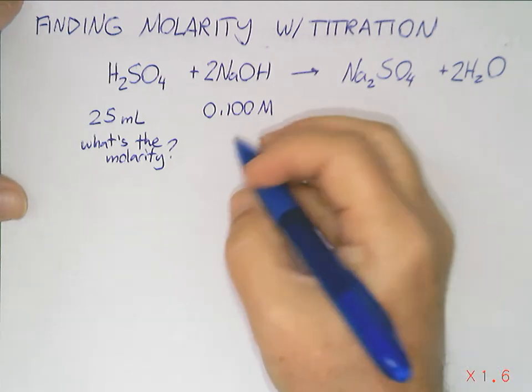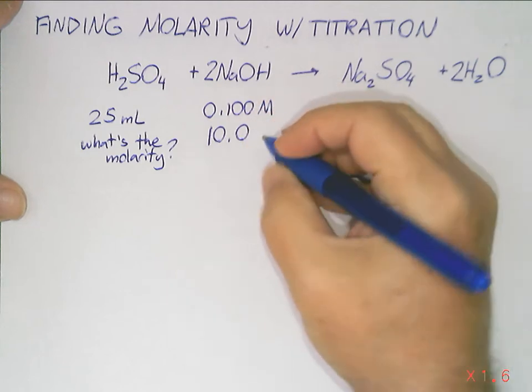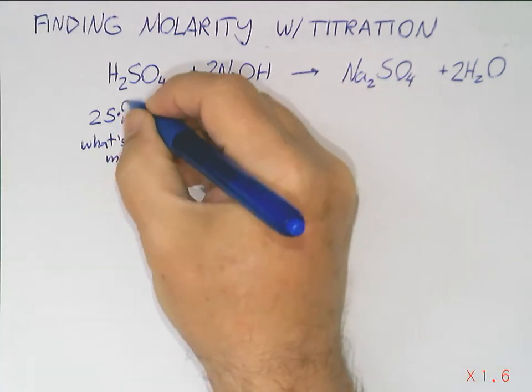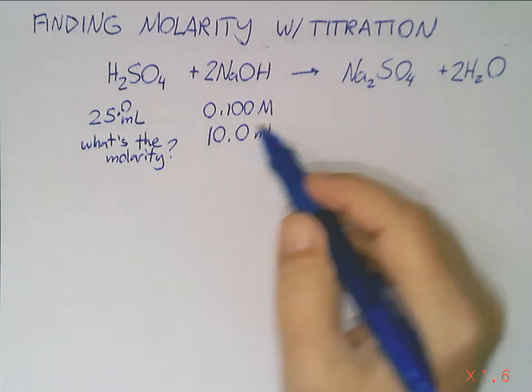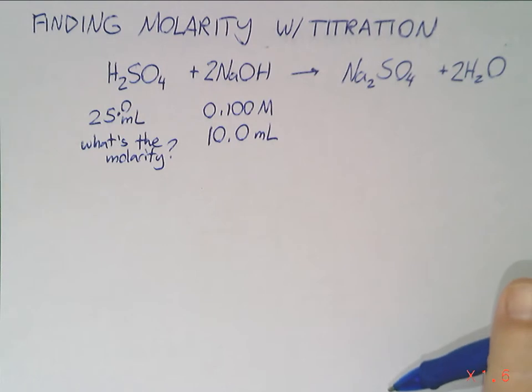Suppose it takes, make up a nice round number, 10 milliliters for that to happen. Let's keep everything at 3 significant digits here. So how do I find the molarity of the sulfuric acid from these 3 numbers?